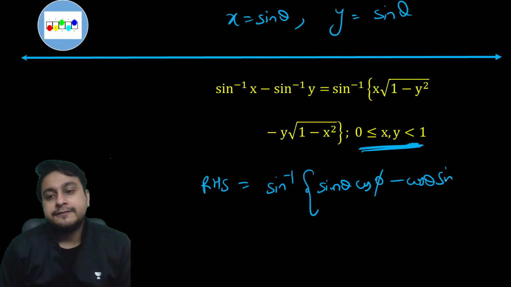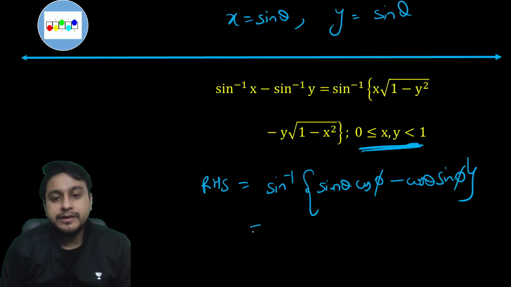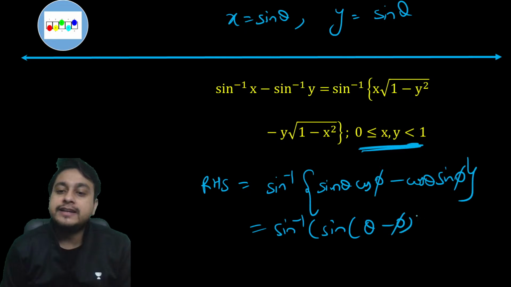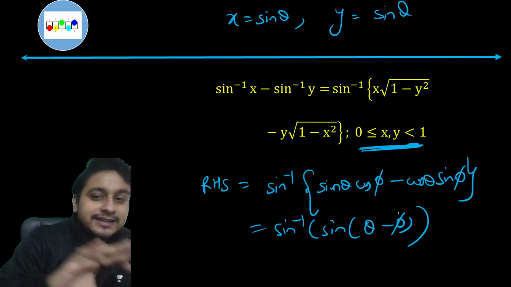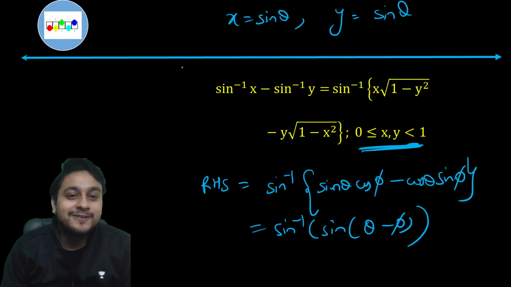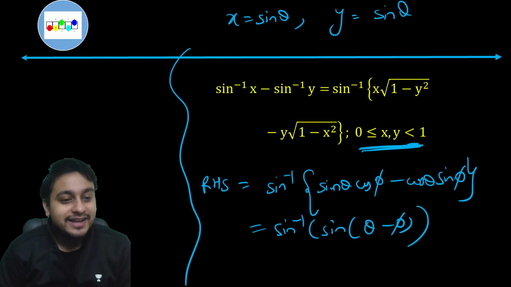So what is it coming out as, guys? Sine inverse sine of theta minus phi this time. So this time we have to see the journey and the story of theta minus phi now.